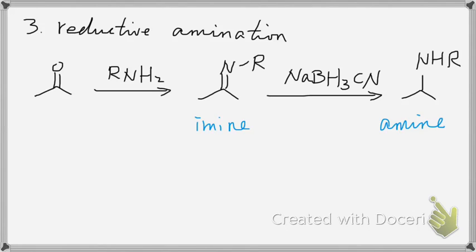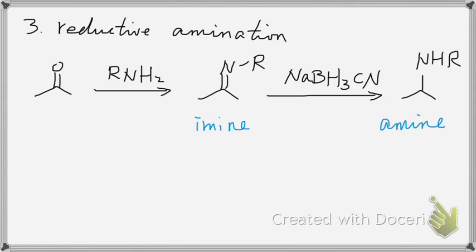So it forms an imine with a carbon-nitrogen double bond. The second step is the reduction. It reduces the C=N double bond to a C-N single bond, so the product will be an amine. So the imine is reduced to an amine.